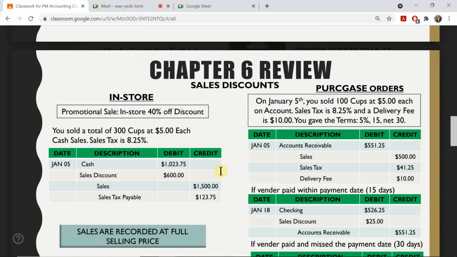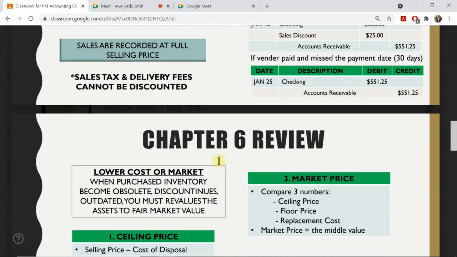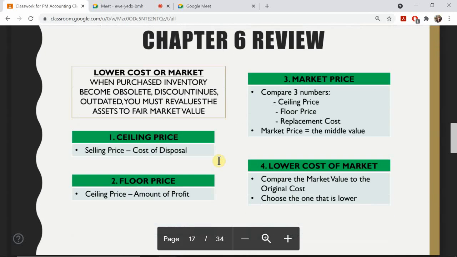I already gave you that 10 of those questions are going to be fill in the account type, category, and normal balance. We have 3 periodic inventory tables, which could be anywhere from 2 questions each, so that's already 6 questions. Everything else is going to be answering concept questions. So there we have it. That was chapter 5 all the way up to chapter 6, all the way up to lower cost or market.